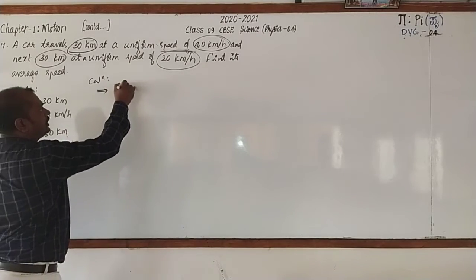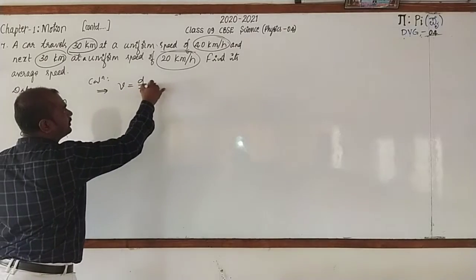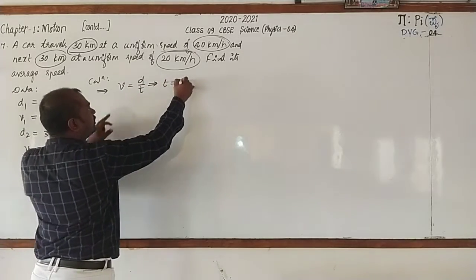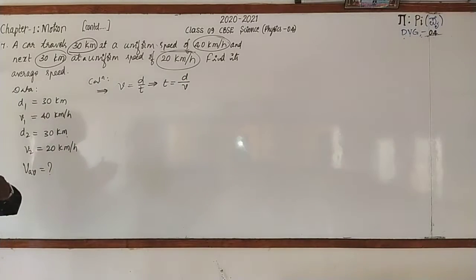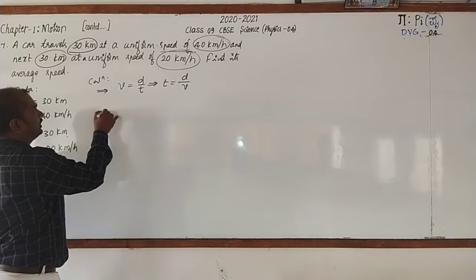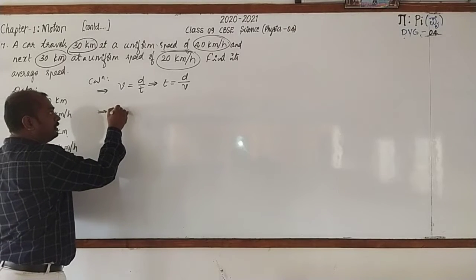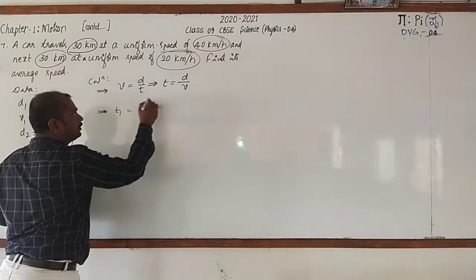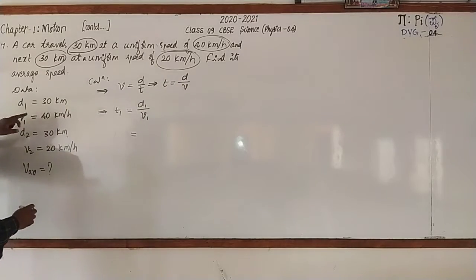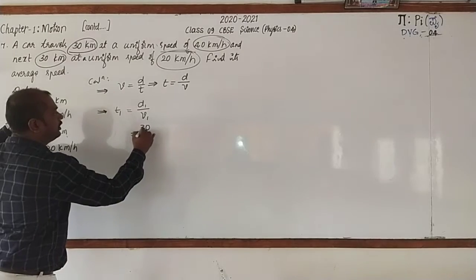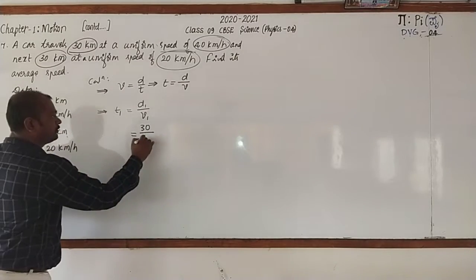Here, we all know that V is equal to D by T, which implies that T is equal to D by V. As I said, we need to find T1 and T2. Here I'll write, T1 is equal to D1 by V1. What is D1? It is 30. V1 is 40.